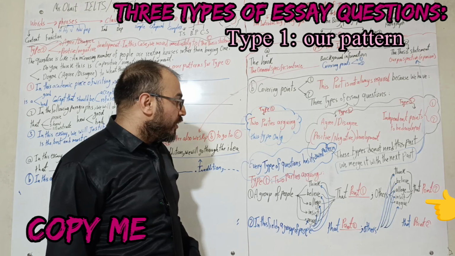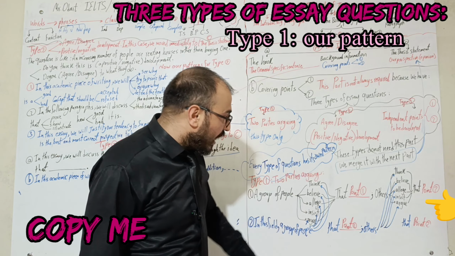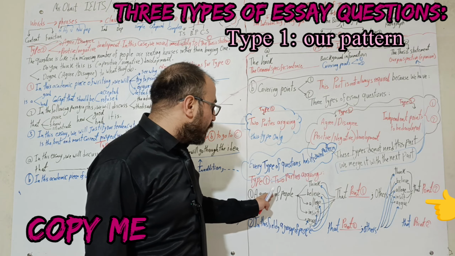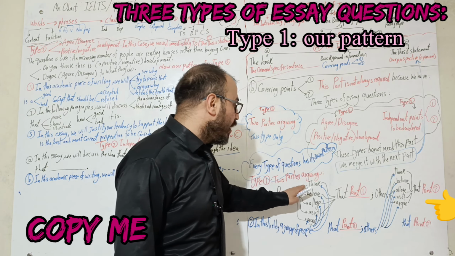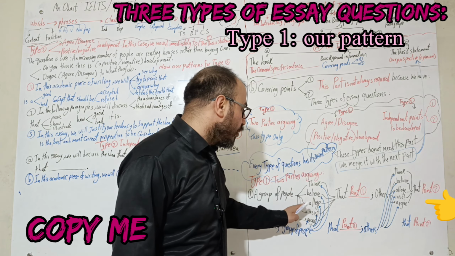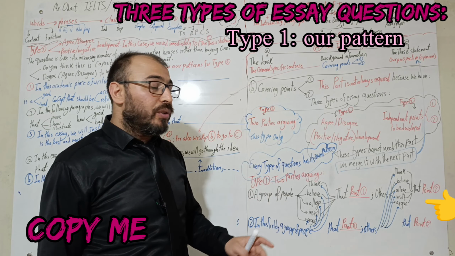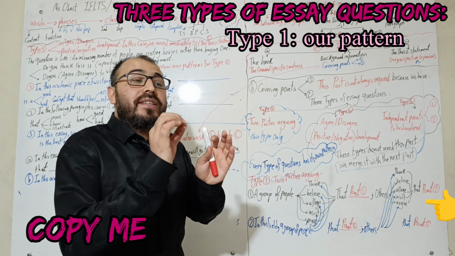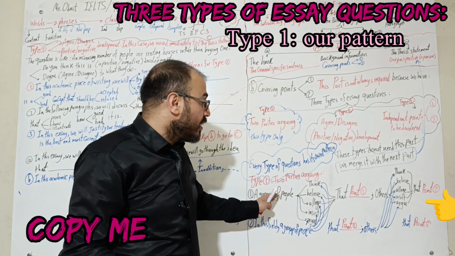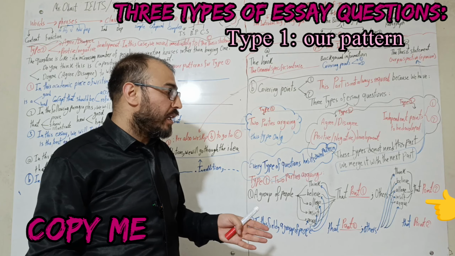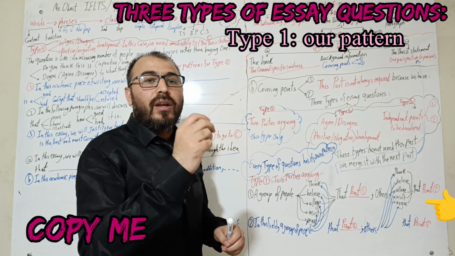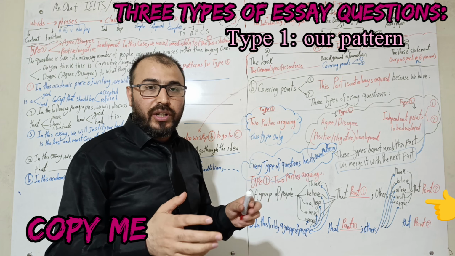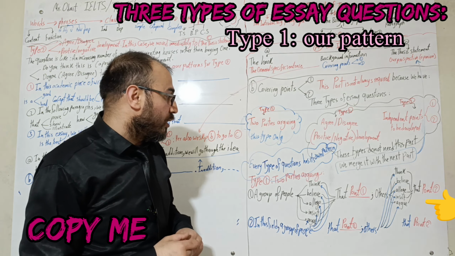That's why I have given you here 1, 2, 3, 4, 5 options. So a group of people, if we see in the question that the word think is written, we ignore think, and we use believe or allege or insist or argue. The most important thing is not to repeat the same words given in the questions in our introductory paragraph, because this will indicate weaknesses in our vocabulary and in our knowledge.